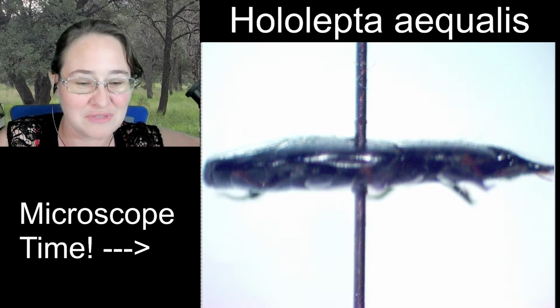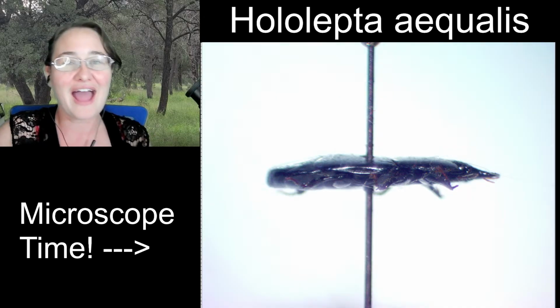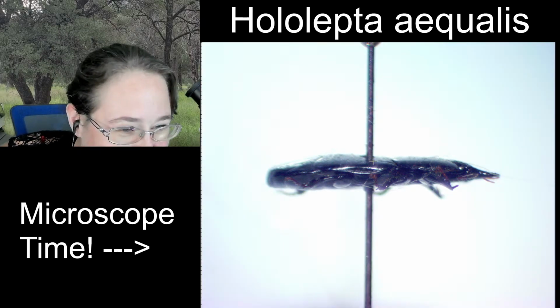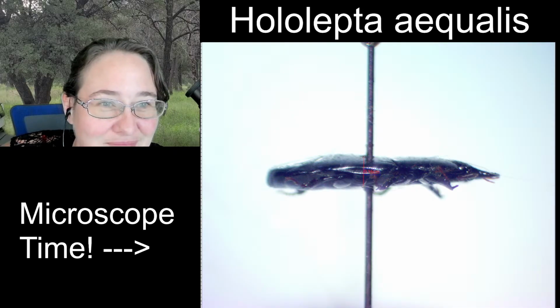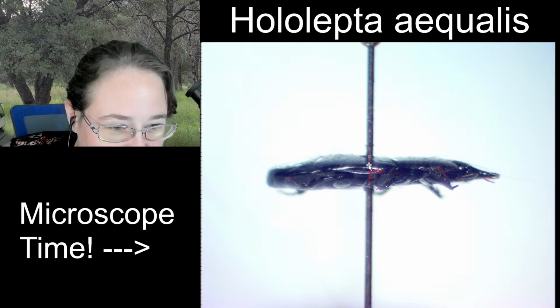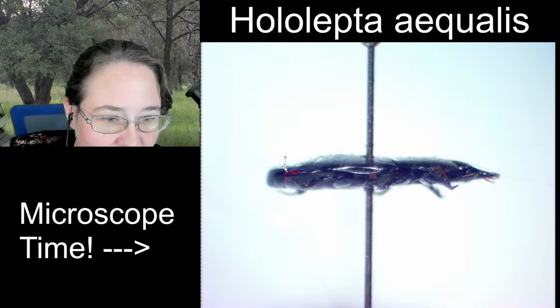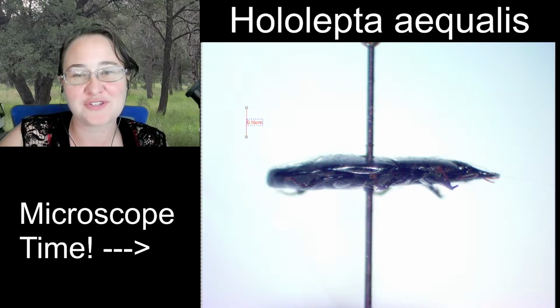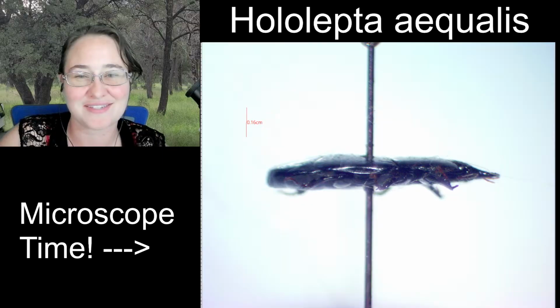I'm going to zoom this microscope out just a little bit, because if I have it here, I can get you an actual measurement as to how tall this beetle is from the top to the bottom. Alright, the widest part of this beetle is 0.16 centimeters tall.